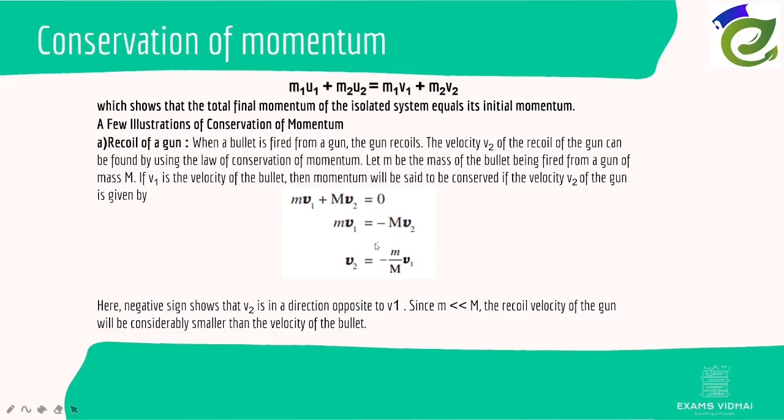Rearranging the terms, the recoil velocity of the gun is equal to minus small m by capital M times v1. Here, the negative sign shows that v2 is in the direction opposite to v1. We also notice that since the mass of the bullet is much lesser than the mass of the gun, the recoil velocity of the gun will be considerably smaller than the velocity of the bullet.